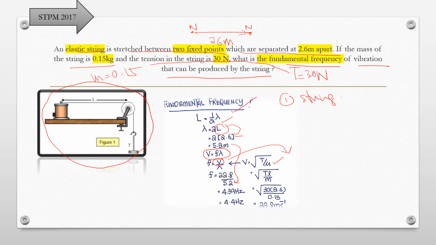T is for tension, and mu is mass per unit length. Then we substitute the value and we get the answer.